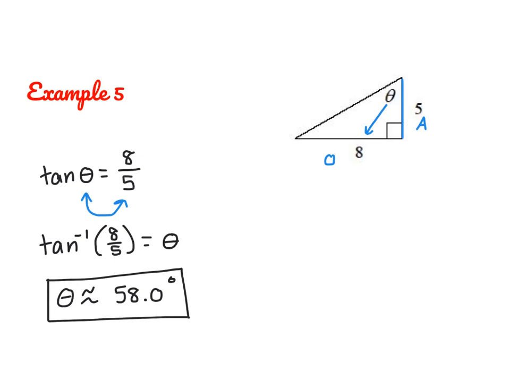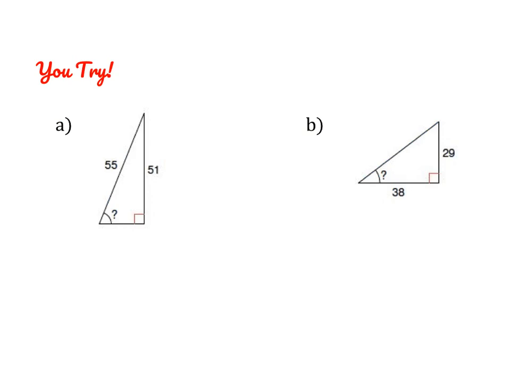So remember, if we are finding an angle, if it's the angle that we don't know, we're going to set up our equation in the same way, but the only way we can solve for that angle is by using our inverse function. Okay, go ahead and pause the video and give these last two a try. See if you can find for those angles, and we can call them theta.